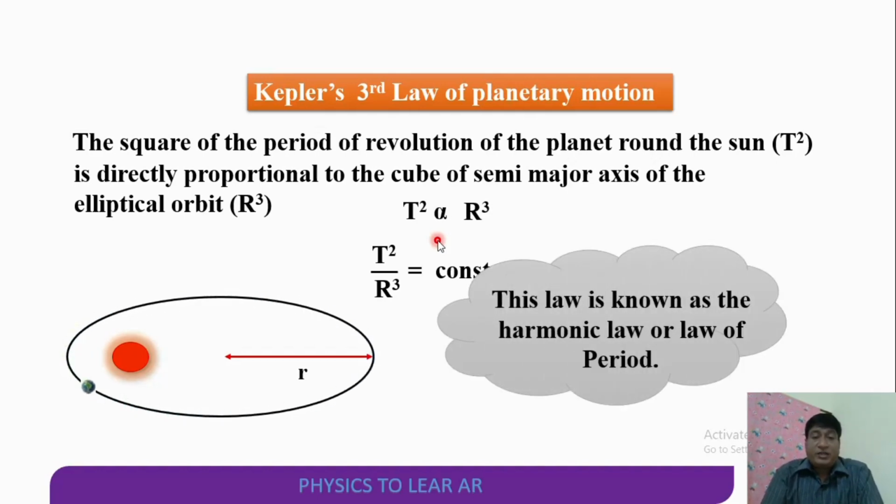Kepler's third law is also known as the harmonic law or law of periods.